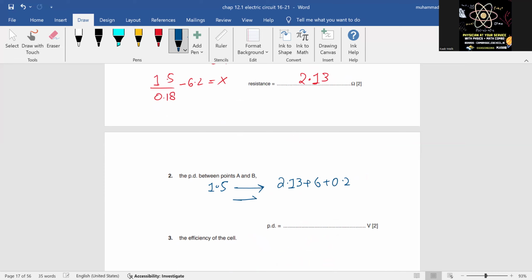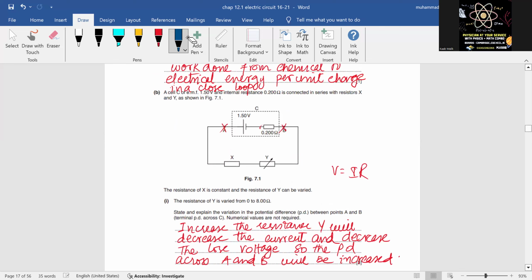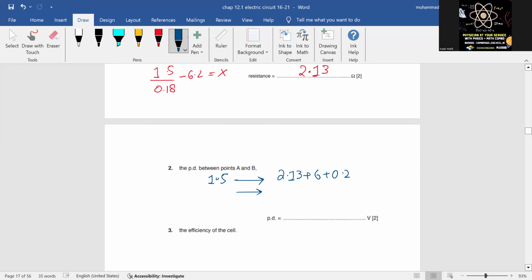Since we are finding the voltage across X and Y, because A and B is just X and Y, you can say 2.13 plus 6 equals X. Just do the cross multiplication: 8.13 times 1.5 divided by 8.33. So you're getting 1.46. Fine.